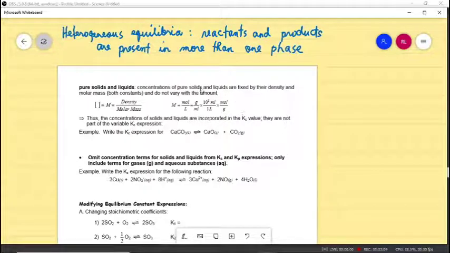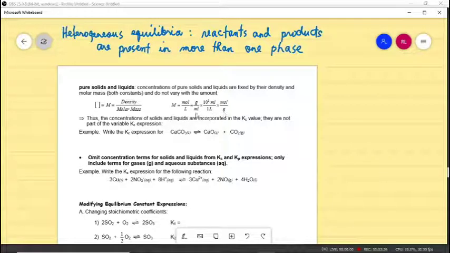Just like this one. Here you have the solution for calculating the molar concentration of a certain solid, for example. You have density, gram per mL, divided by the molar mass.